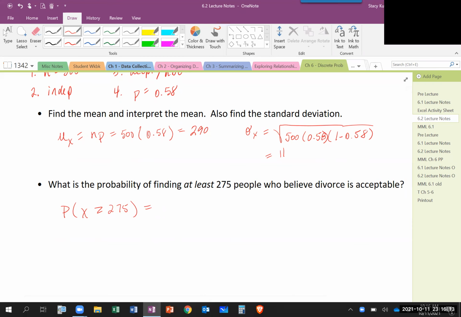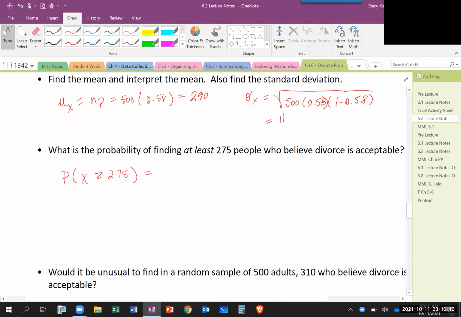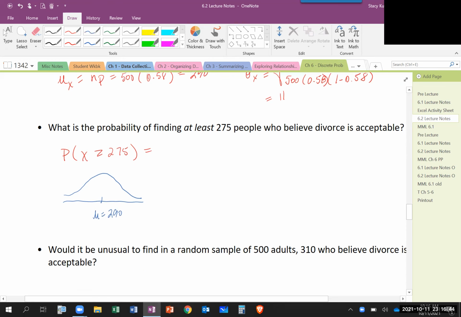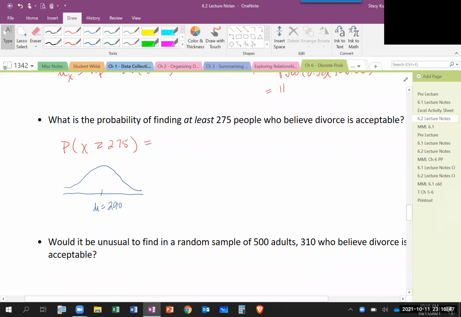Now, what I want you to get in the habit of doing is we are assuming that we have a normal or a bell-shaped distribution here, okay? And because we're talking about the mean, the mean of our bell-shaped distribution should fall here in the middle, which we said we would expect to have 290 people out of the 500, right?